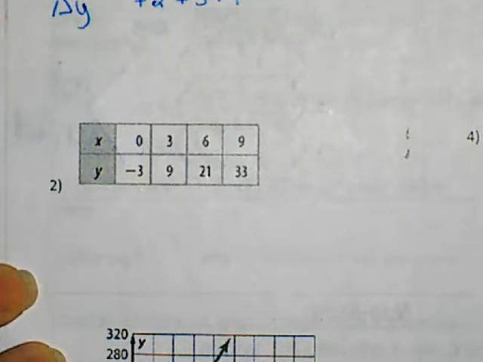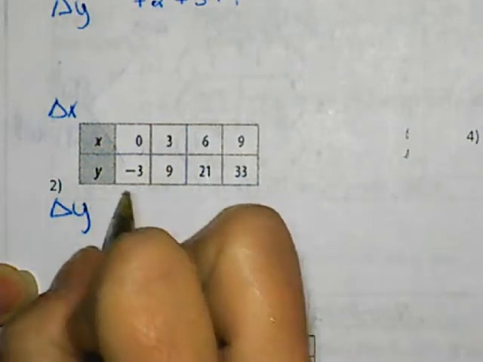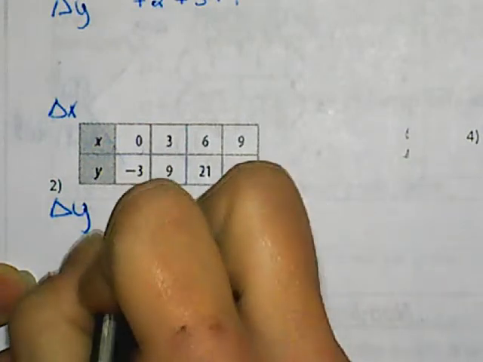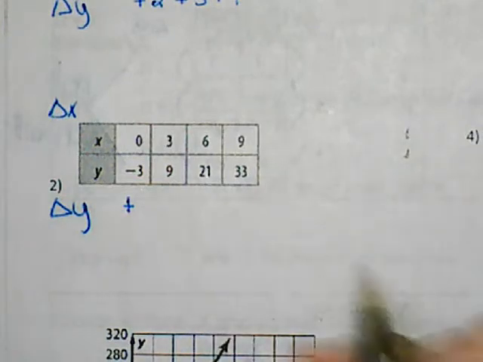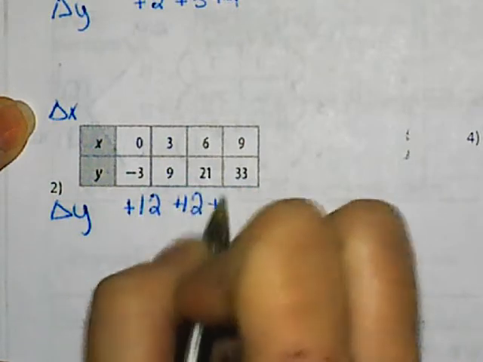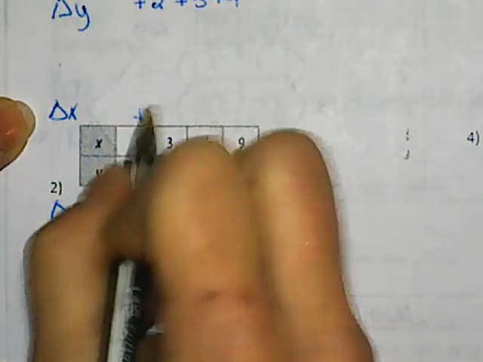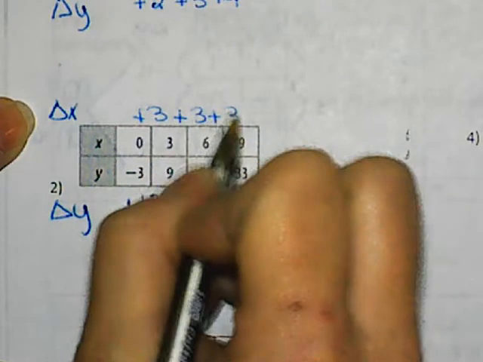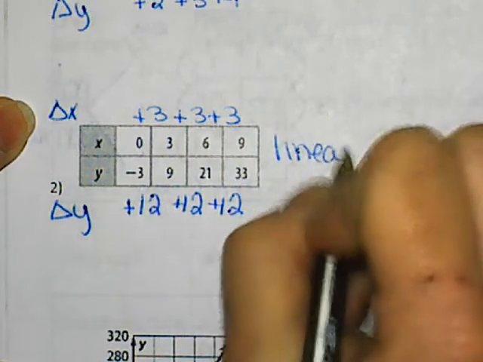Let's take a look at example number 2. The change in y goes up by 12. The change in x is going up by 3. This one is linear.